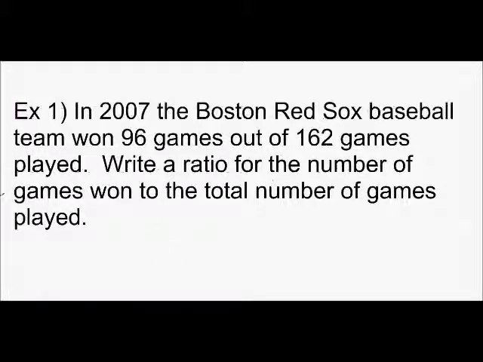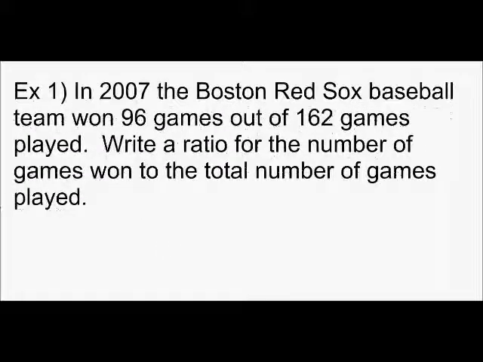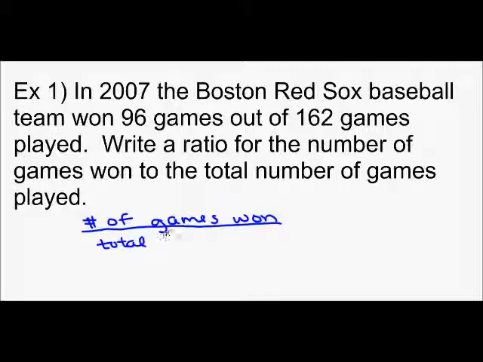Example 1. In 2007, the Boston Red Sox baseball team won 96 out of 162 games played. Write a ratio for the number of games won to the number of games played. So your instructions say write the ratio for the number of games won over, a fraction line means over, the total number of games played.